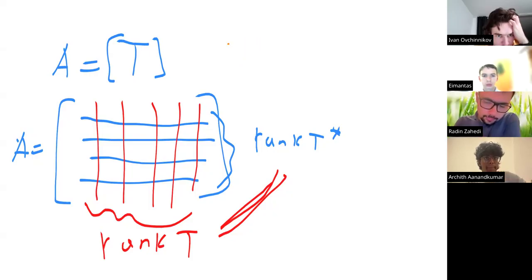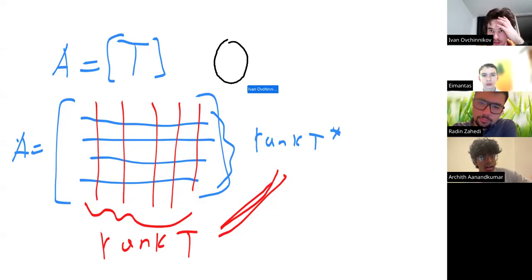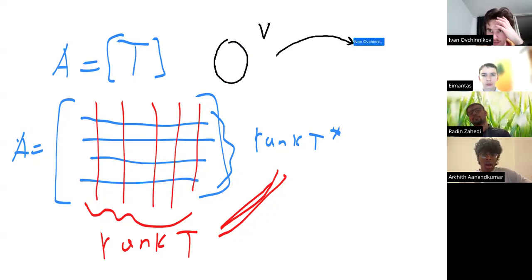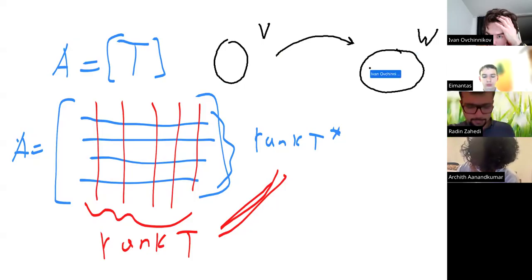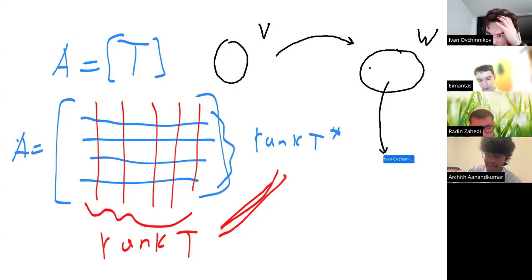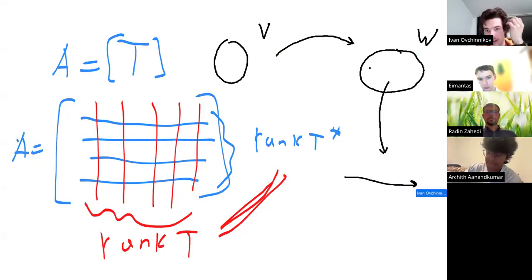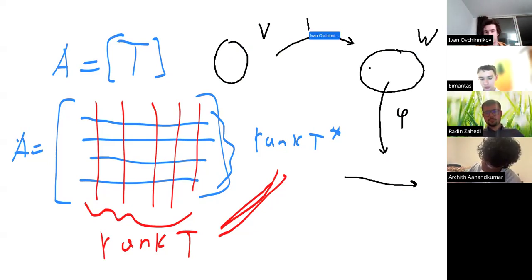Okay, black. Perfect. So we had our vector space V, right? And then we had a map going from V to some other vector space W. And then we had a linear functional phi, right? And this was our map T. Do you agree?